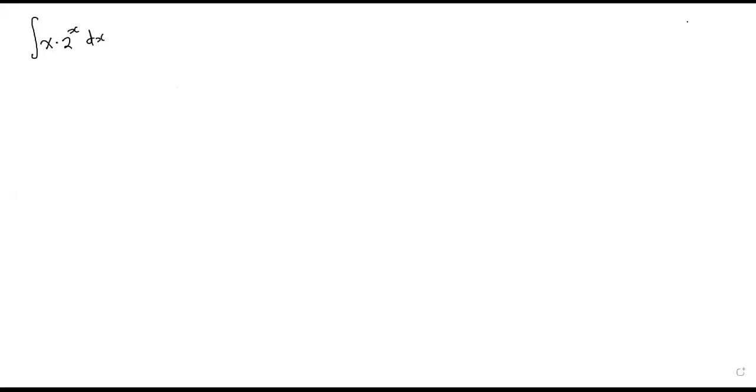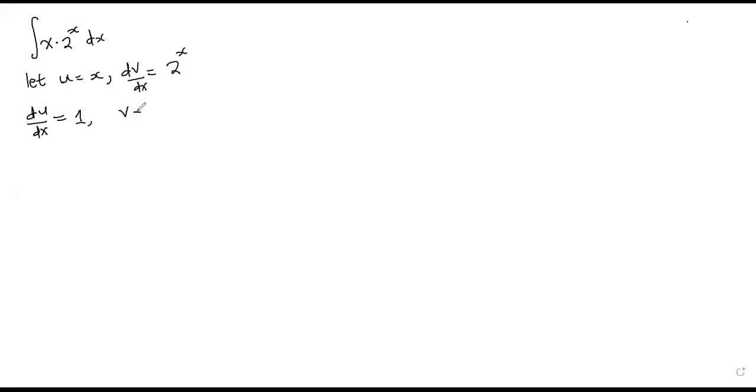The logic that we employ here is to let u be x, and our dv dx will be 2 to the power x. So, of course, we have to differentiate. du dx is 1, after differentiating u, you'll get 1.